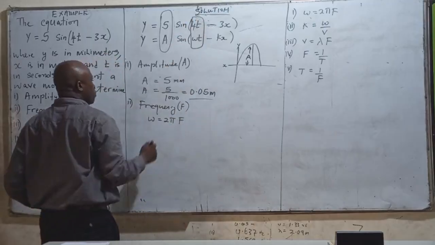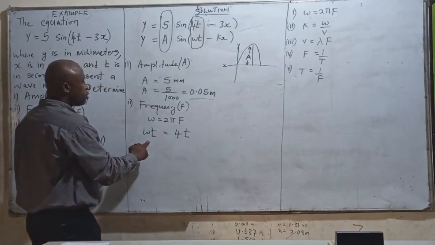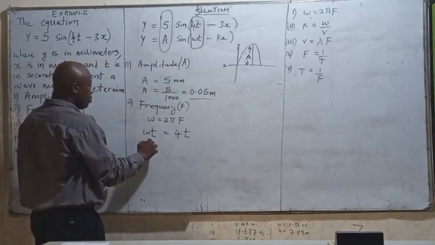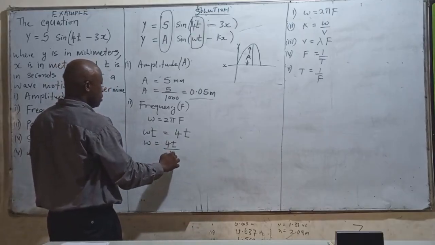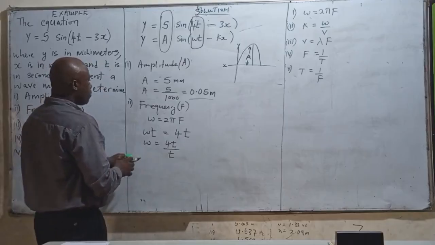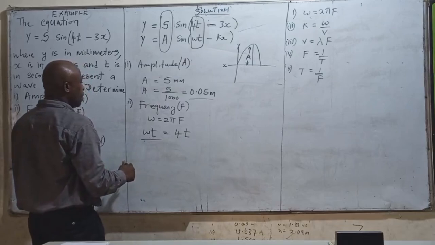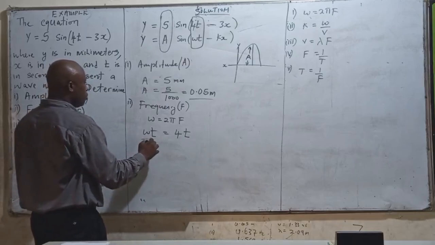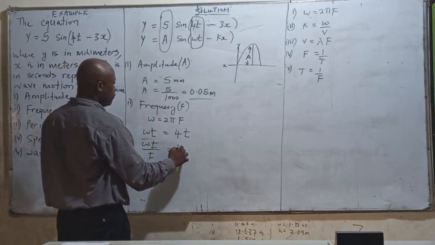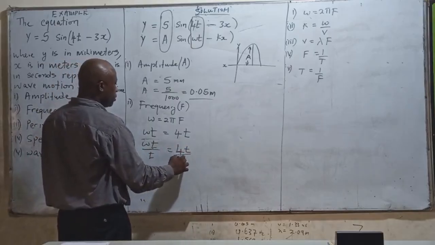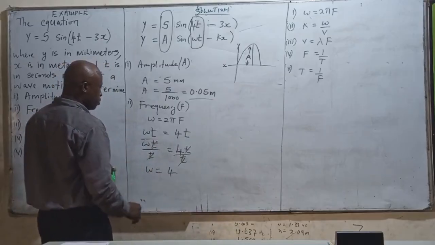So wt is equal to 4t. We divide both sides by t. wt over t is equal to 4t over t. The t cancels, so you are left with w equals 4.